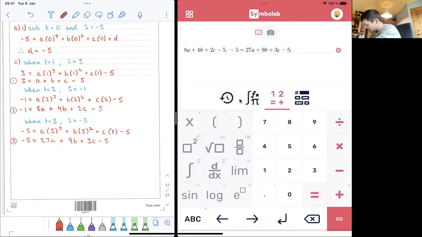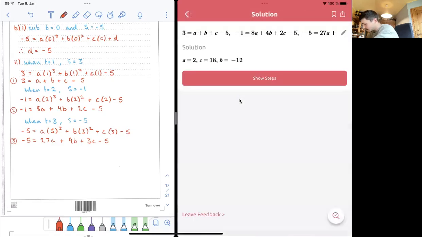-5. Right, now I'll click go, and that gives me the three values, weirdly in the order of A, C, and B. Slightly odd, but anyway, that's the way that my calculator does it.